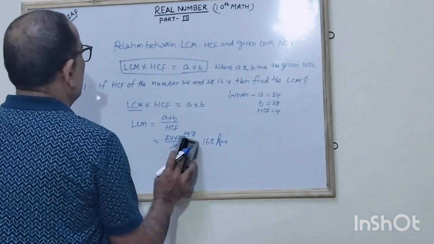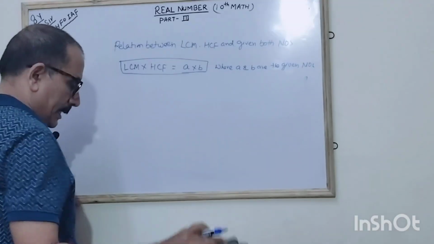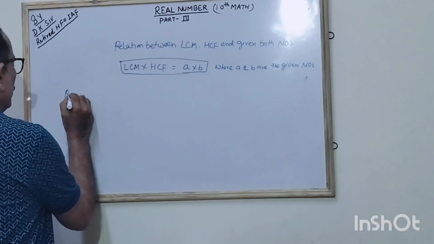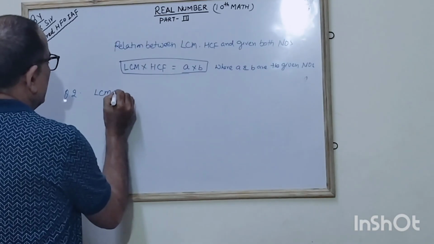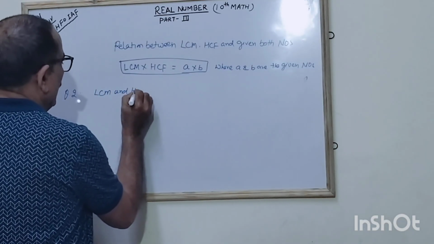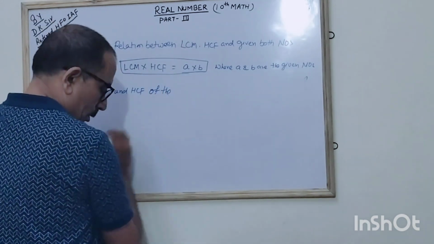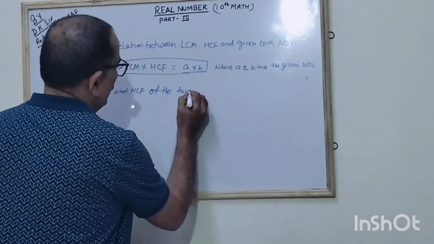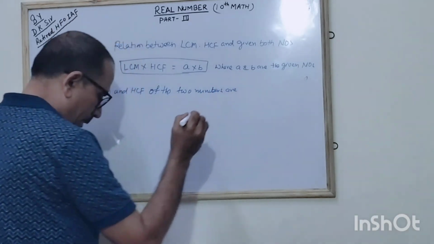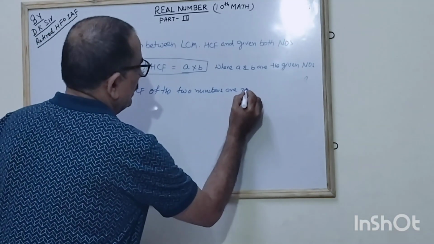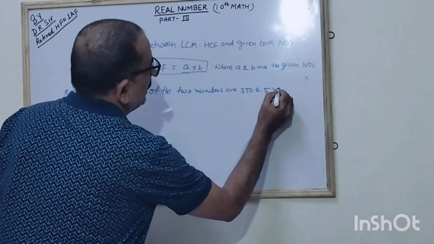The next example we will see, question number 2. The LCM and HCF of two numbers are 350 and 5 respectively.